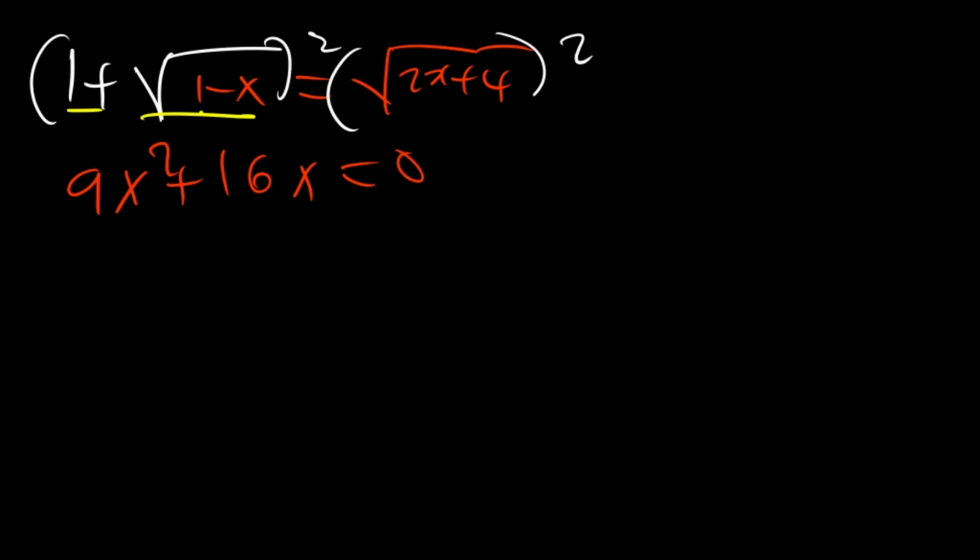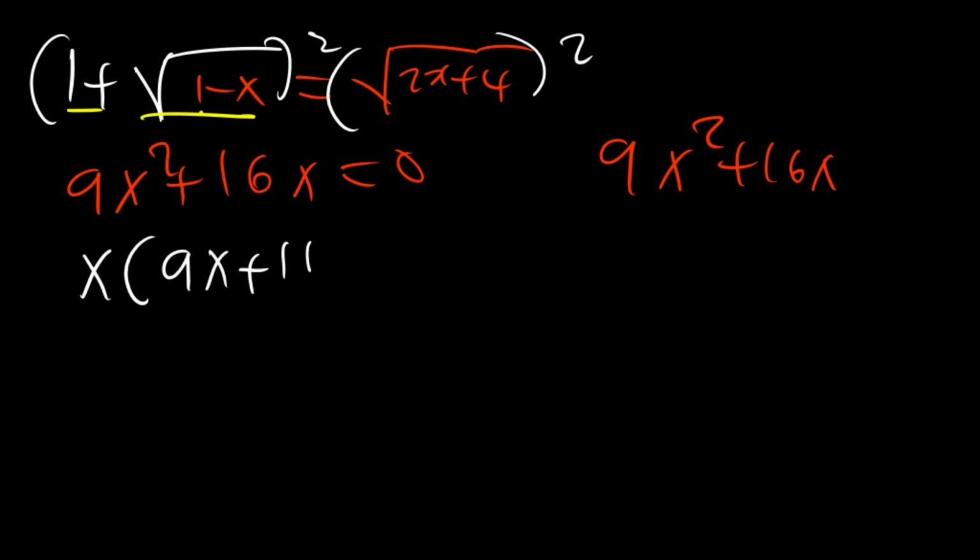If I had a number, if maybe this was x squared plus 16x plus or minus any number here, I would have said this is a quadratic equation and used the normal way of solving quadratic equations. In this case, I don't have any number there. I'm going to factor out x. I'll say x open brackets 9x plus 16 should be equal to 0.